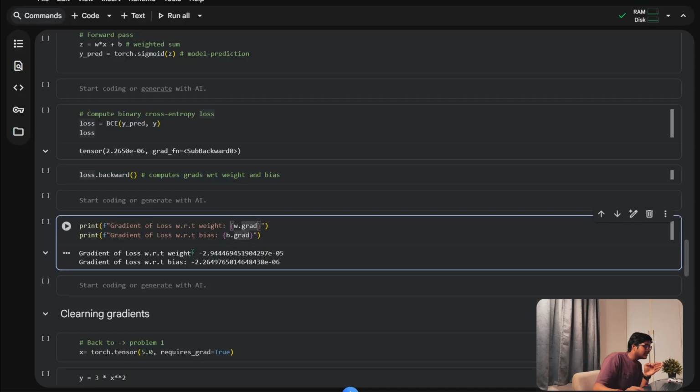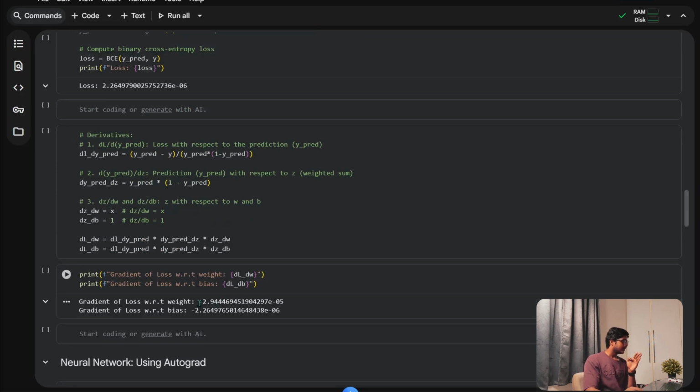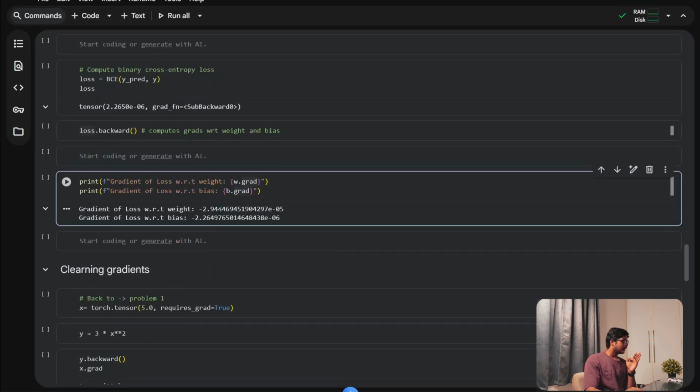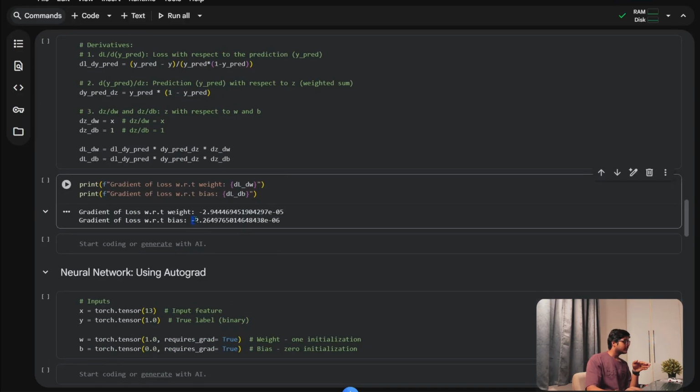If you tally over here, the gradient of loss with respect to weight is minus 2.94. It's the same over here, right? And the derivative of loss with respect to bias is minus 2.26, which is the same as here.